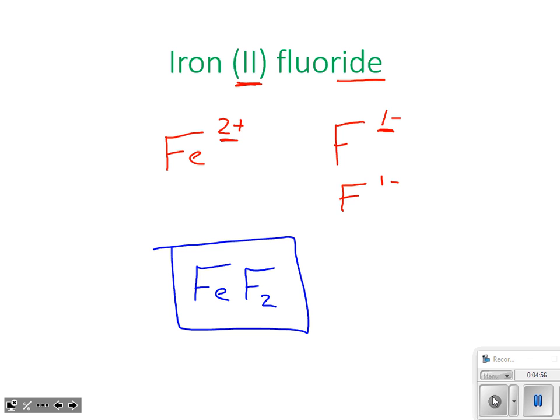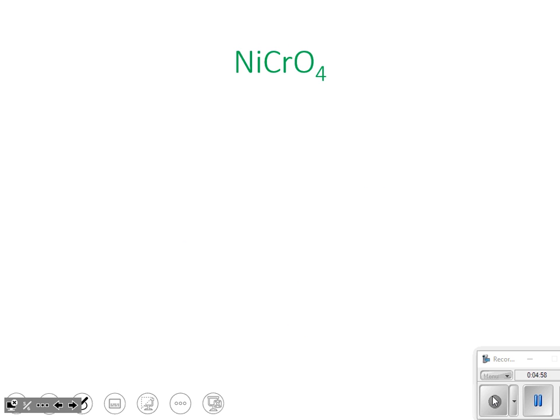Now we're going the next way. I have NiCrO4. I need to write the name of that formula. So I start with my positive, Ni. I know that Ni is nickel. I look at my periodic table because I need to know whether nickel is multivalent or not.